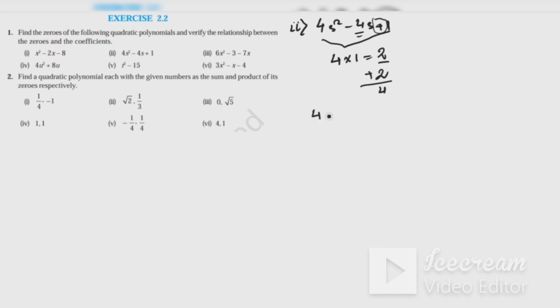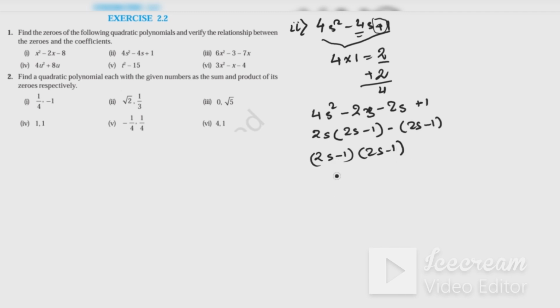So I will write it as 4s square minus 2s minus 2s plus 1. So taking 2s common, I will have 2s minus 1. Taking minus 1 common, 2s minus 1. Okay, so the factors I will write as 2s minus 1 into 2s minus 1.